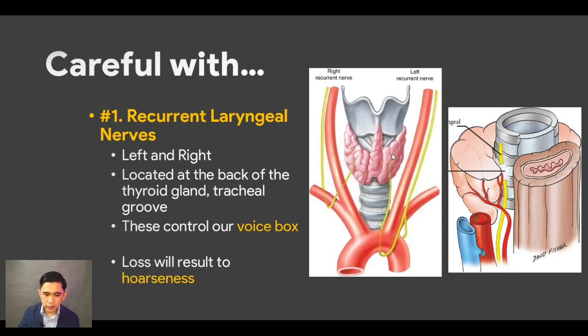If you are not careful and you cut it when you remove the thyroid, then the patient will have hoarseness. Usually, thyroidectomy doesn't result in hoarseness. Sometimes it's an urban myth. It's just how you identify structures and anatomy, then you will preserve the nerves when you get the thyroid out.